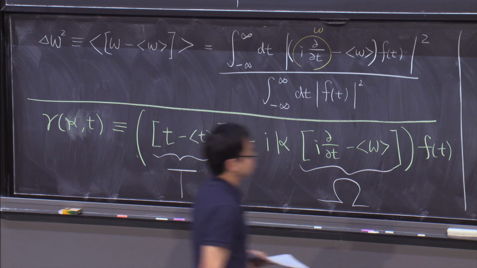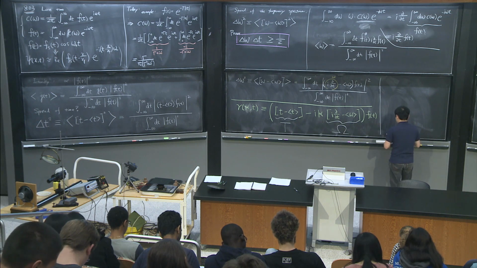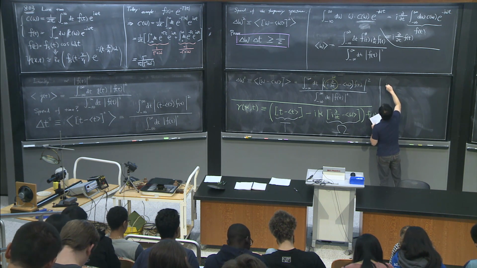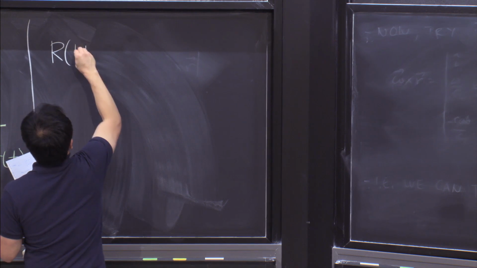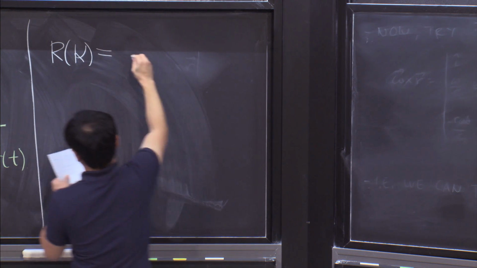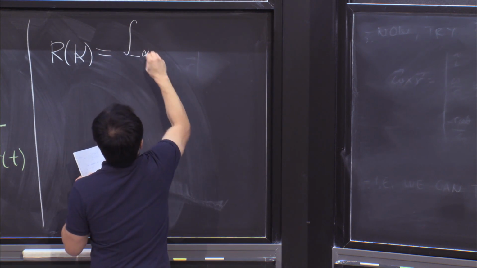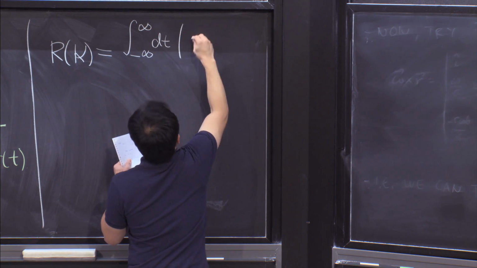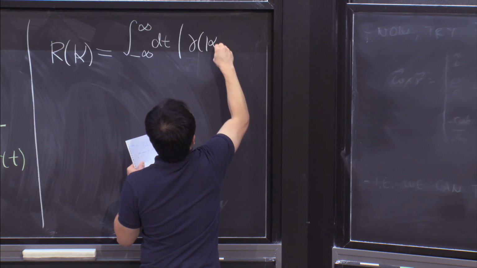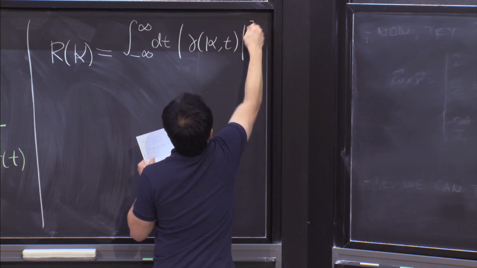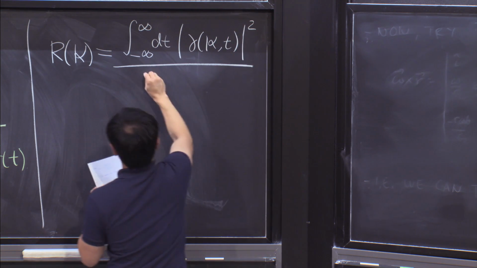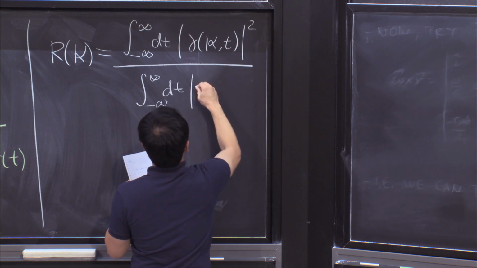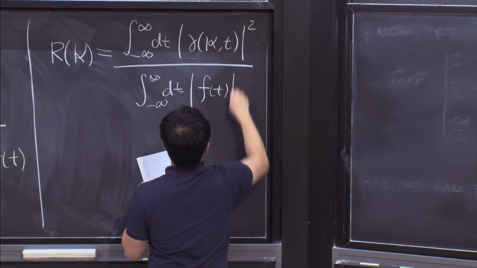All right? So now I can consider this ratio function, r of kappa. This is defined as the integral from minus infinity to infinity over t of r of kappa and t squared, divided by the integral from minus infinity to infinity dt of f of t squared.